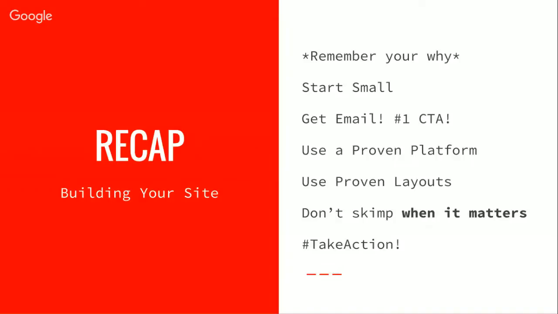And another point, don't skimp when it matters. So a quick story. I waited 18 months hacking around MailChimp with the free version, all because I wanted to save the $10 a month on the paid version. Didn't even realize the things I was missing out on.